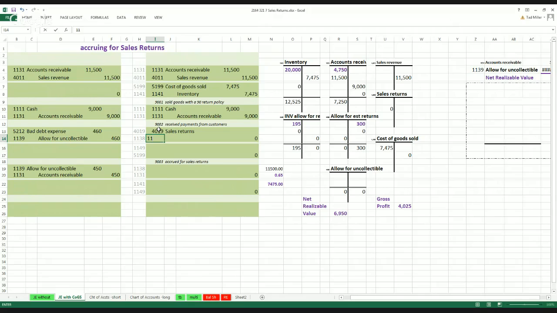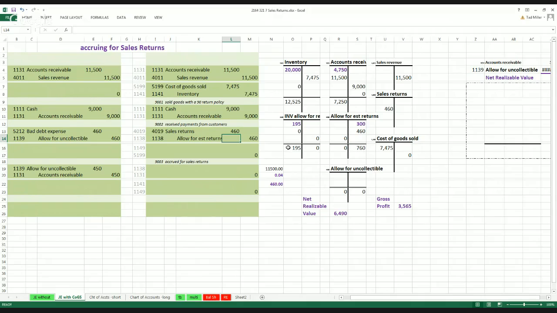So I accrue a sales return, but I use an allowance account here. Now in this problem, it says we're going to estimate that 4% of our customers will return goods rather than pay us, just like we did with bad debt expense. It's just going to be a percentage of sales. Historically about 4% of our customers return goods rather than pay us.